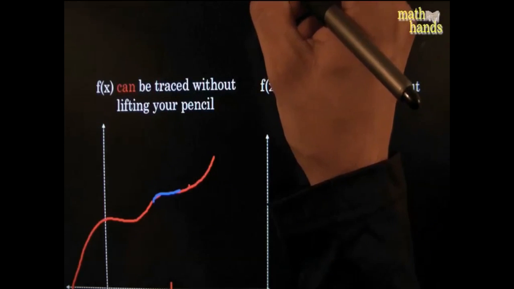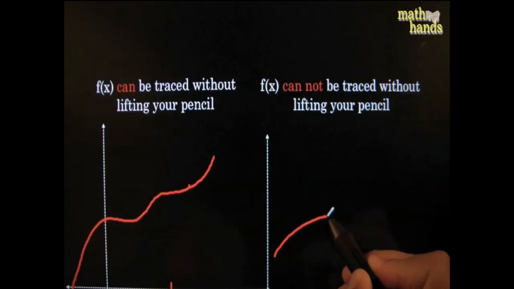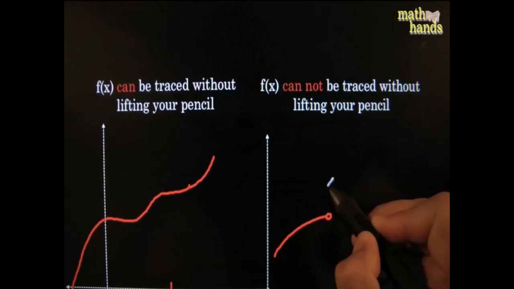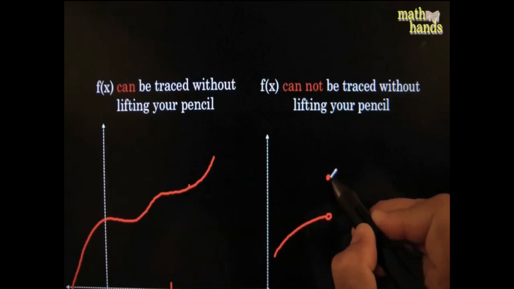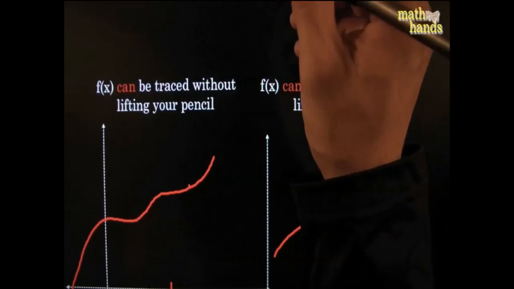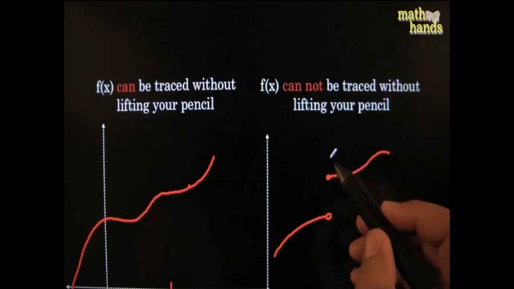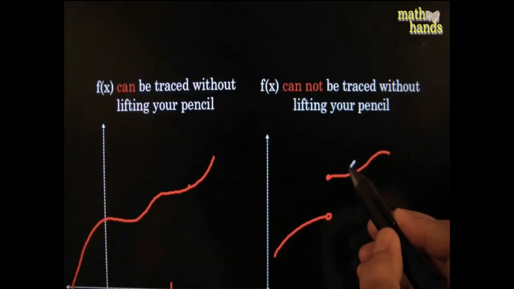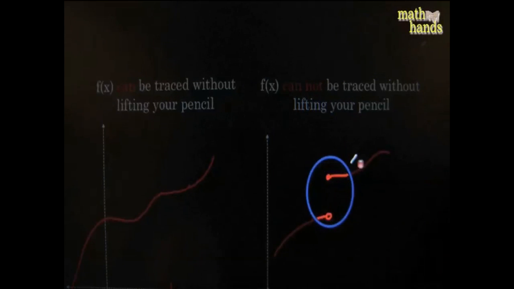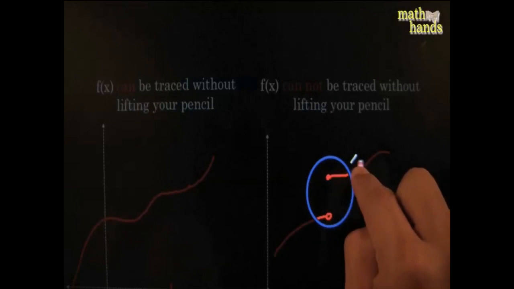Suppose you had some other function that went something like this. It goes like this, and then it has an empty spot there at 5. And then the function picks up a couple units above it, and then it keeps going as if nothing happened. Now here, no matter how small of a neighborhood you pick, and you try to trace that without lifting your pencil, you're going to go like this, and then you have to lift it and then pick up over here and finish the trace.